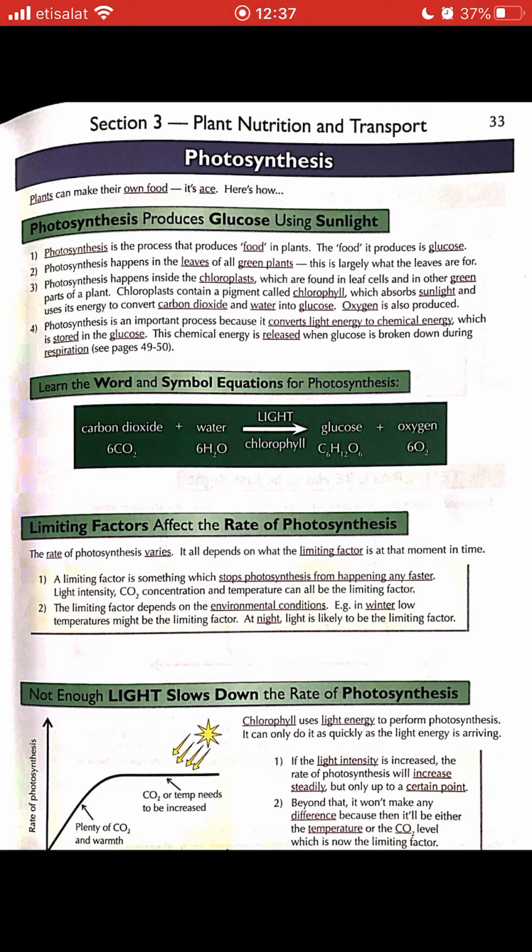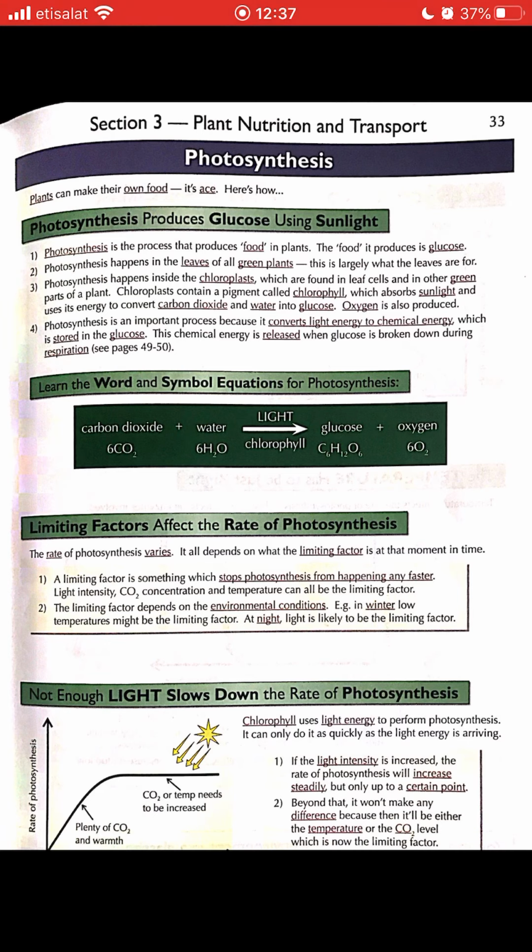Now, there are 3 graphs that you need to know the shape of and be able to explain. The first of which is the rate of photosynthesis against light intensity. This is the graph at the bottom of this first page on photosynthesis. You can see at first, as we increase the light intensity, the rate of photosynthesis also increases. But then it reaches a certain point and the graph begins to flatten out, it plateaus, it becomes a straight horizontal line.